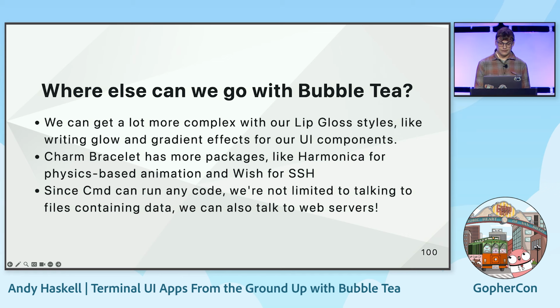And speaking of animation, Charm Bracelet does have another animation package I want to try out called Harmonica for physics-based animation. And they also have a package, not animation, called Wish for SSH. And finally, since the command type is a function that can run any code, we're not just limited to talking to files, we also can talk to web servers.